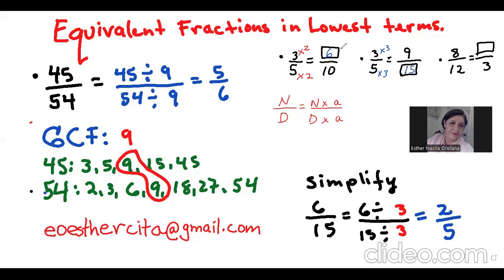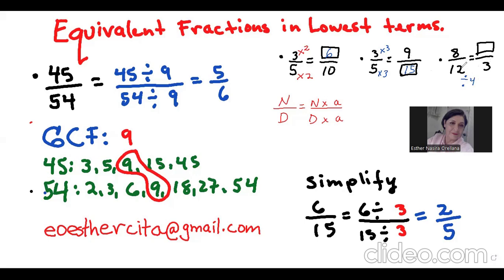We can find equivalent fractions multiplying or dividing. In this case, the clue given in this exercise is 12 in the denominator and 3 in the denominator. The meaning is that this 12 was divided by 4.